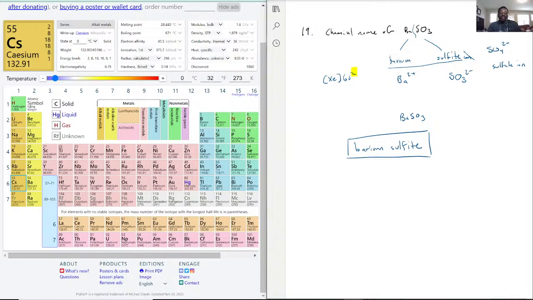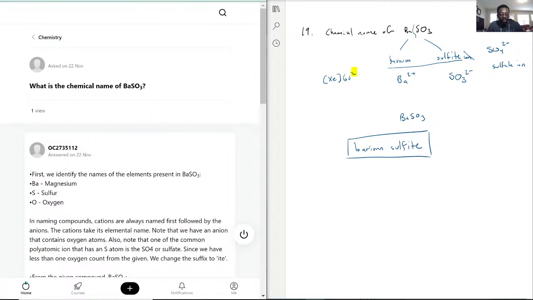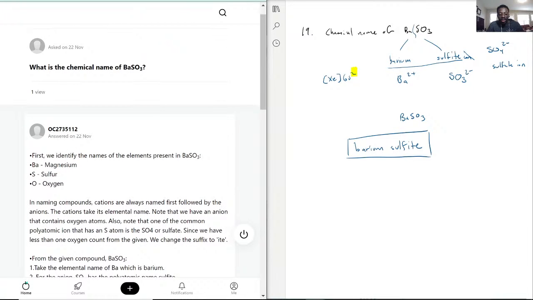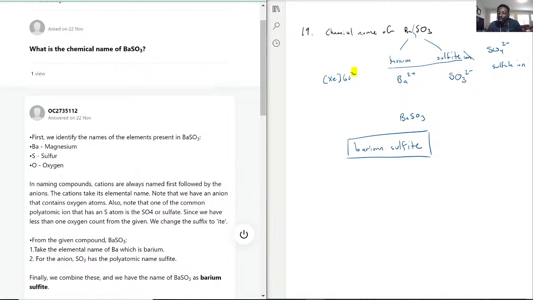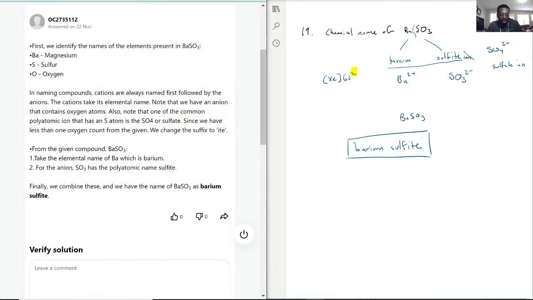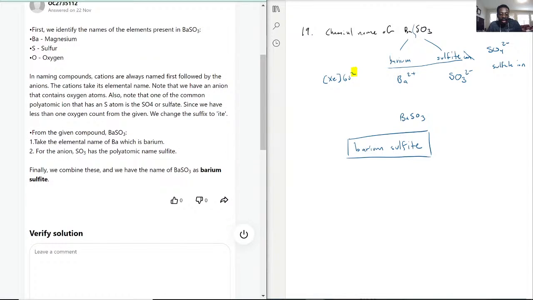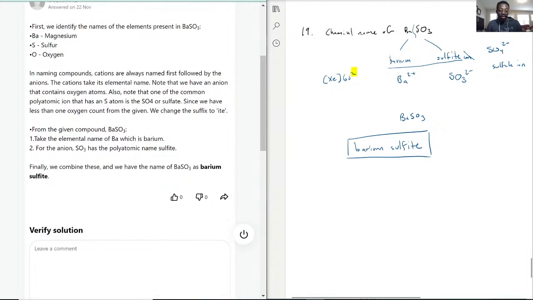That is the name for this. So let's see how we did. The cool thing is, if it was magnesium instead of barium, as they may have put here, it would still just be magnesium sulfite, so it wouldn't affect the equation so much. So exactly. Nice. Barium sulfite. The ates and the ites, like what I did here, are something you have to memorize.